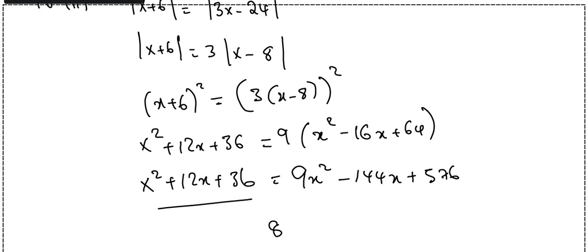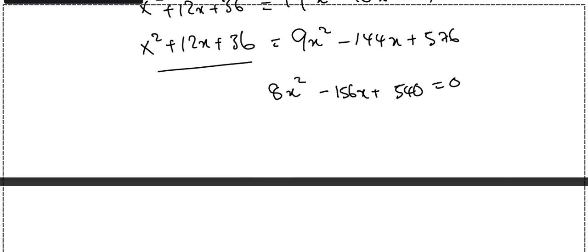That's going to give us 8x squared, minus 36, that will be 540, then we are going to have 144 plus 12, that's 156. So 156x plus the constant.